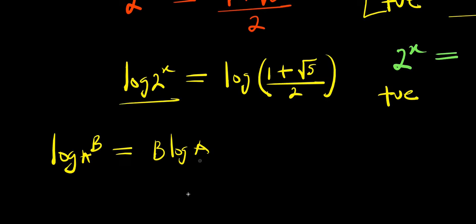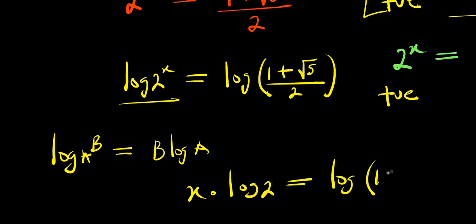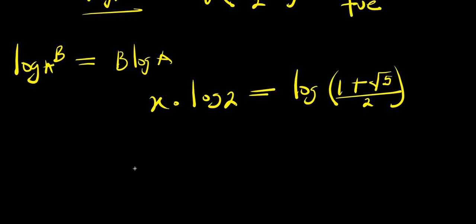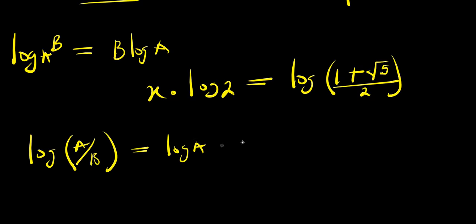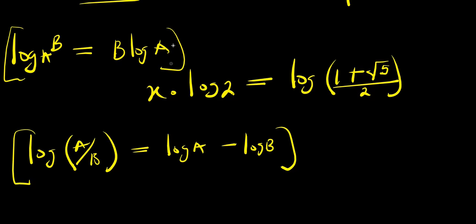So applying that here, you are going to have x times log 2 equals log of 1 plus root 5 divided by 2. Also, log a divided by b equals log a minus log b. So these are the two identities we are going to apply. So we apply that here.